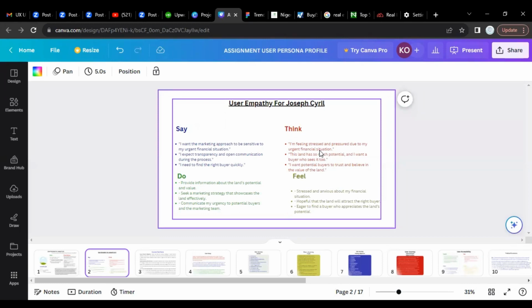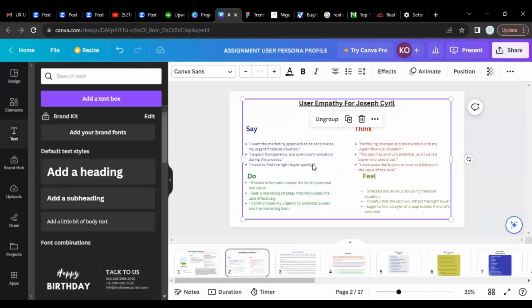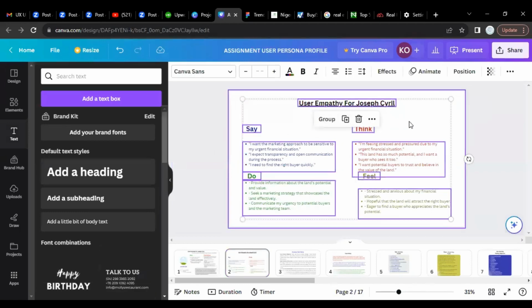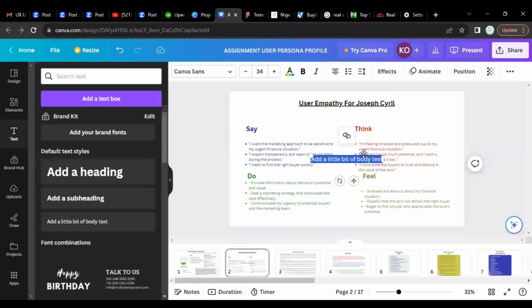Because of that, you have to mention at least three different points to explain each and everything. In general, everything is good. At least there should be a minimum of 3 points for say, do, think, and feel, in every corner.